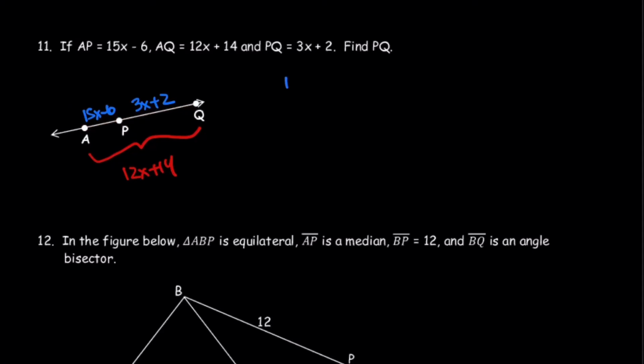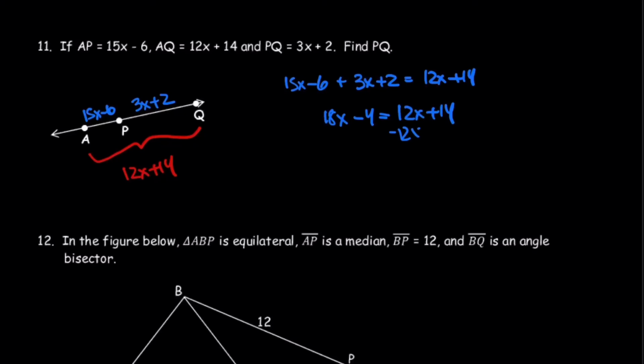All right, so I've got 15x minus 6 plus 3x plus 2 equals 12x plus 14. Combining my like terms here, that's going to be an 18x, and that's going to be a negative 4. 18x minus 4 equals 12x plus 14.